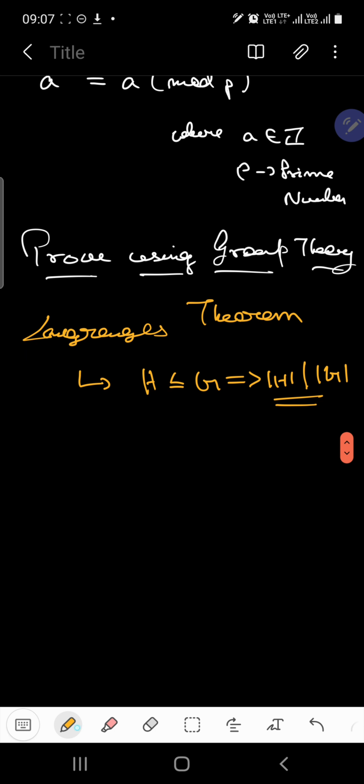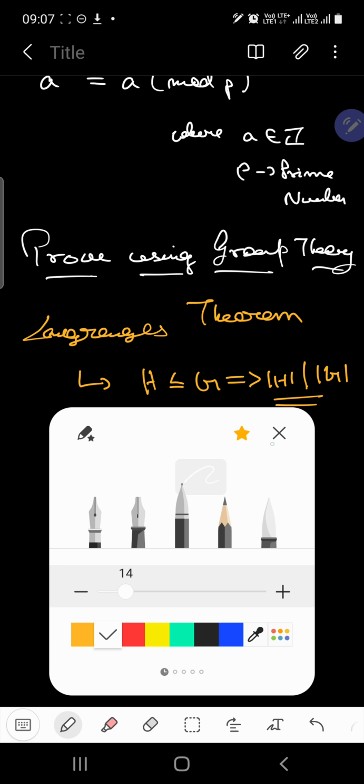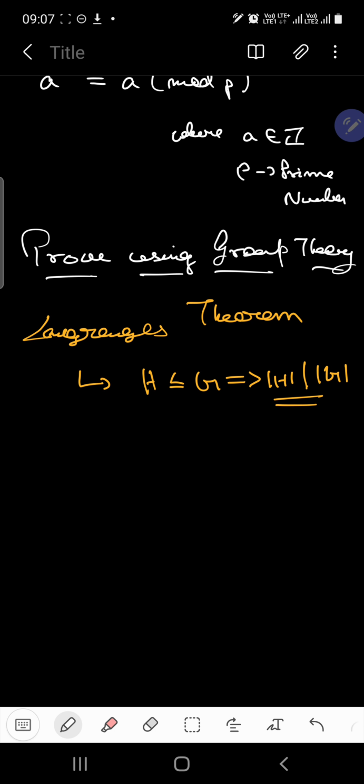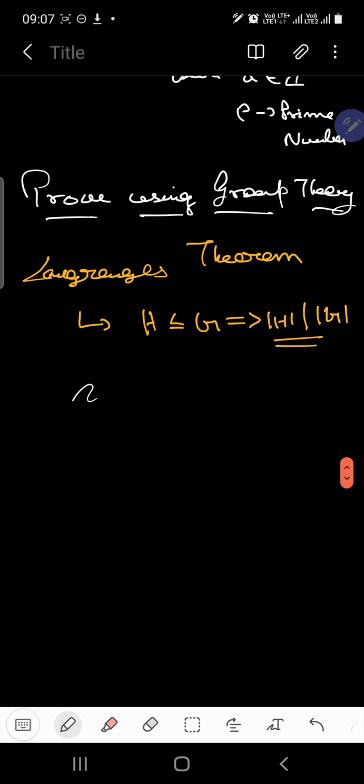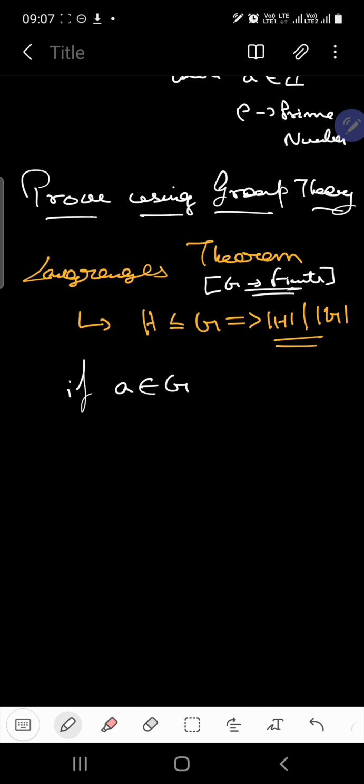Now there is a corollary to this theorem. What is that corollary? If A belongs to G, keep in mind that G is finite, and H is also finite. We are talking about finite groups at this moment.